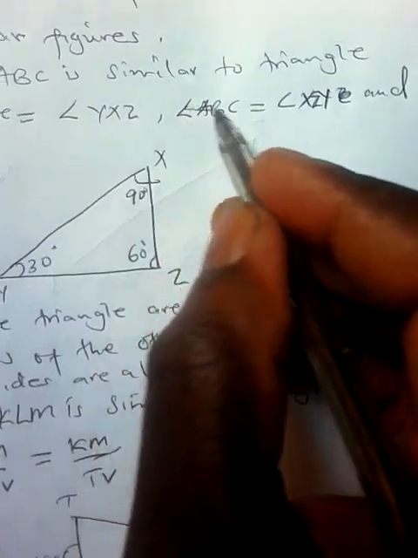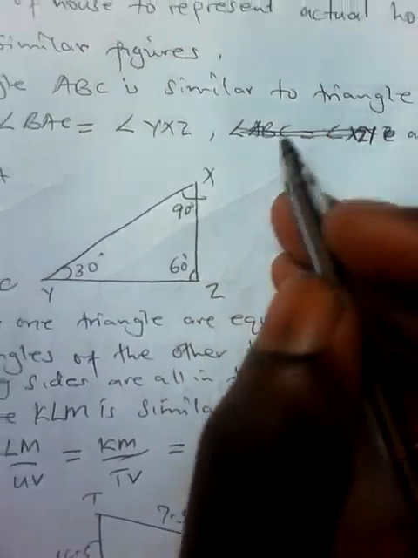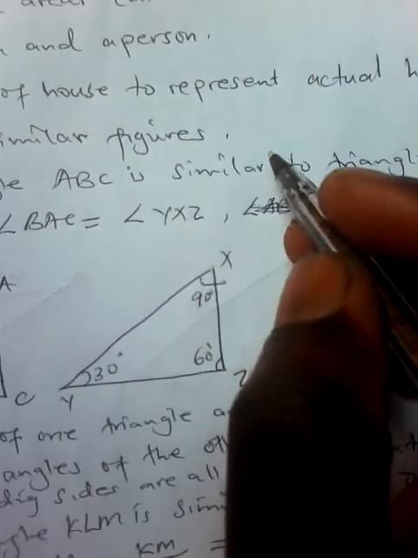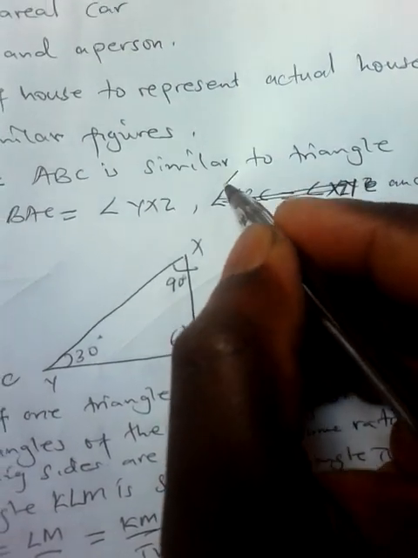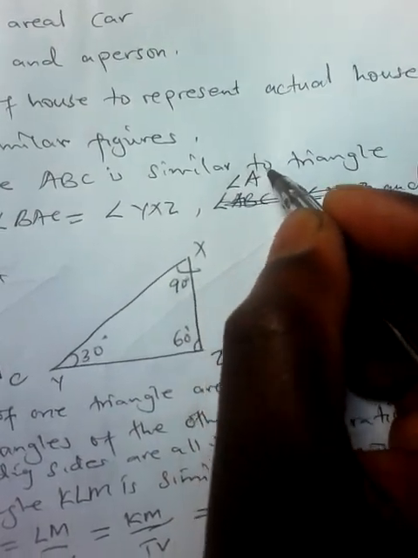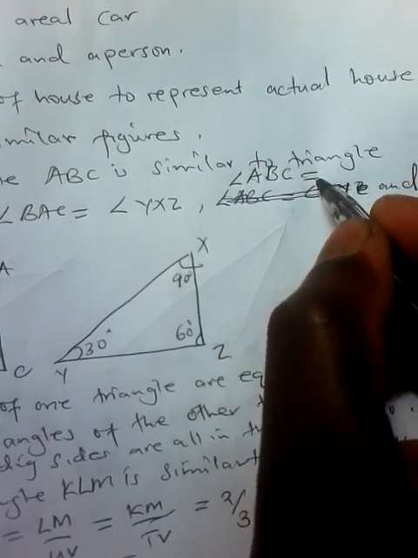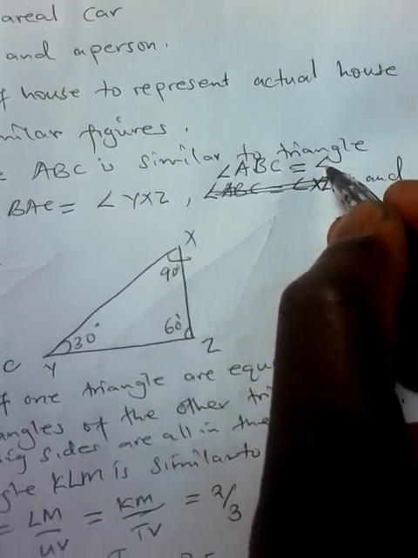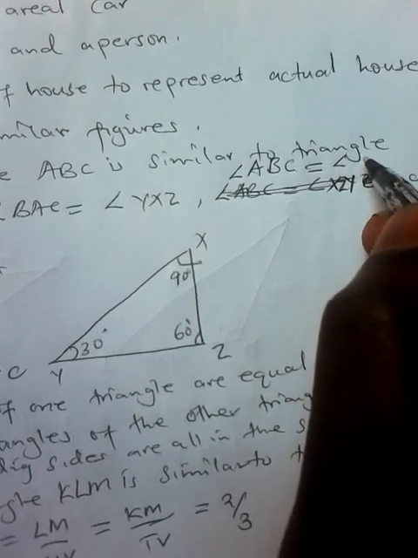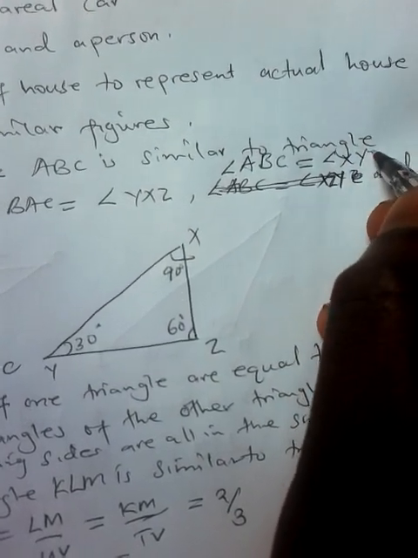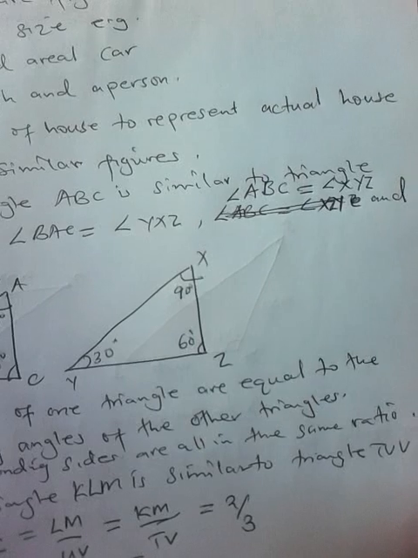So you find that, let me change here. The angle ABC is equal to the angle XYZ. That is it.